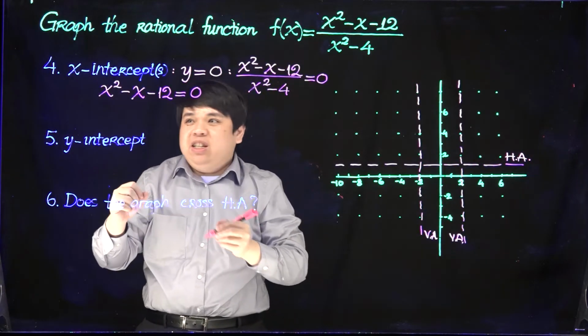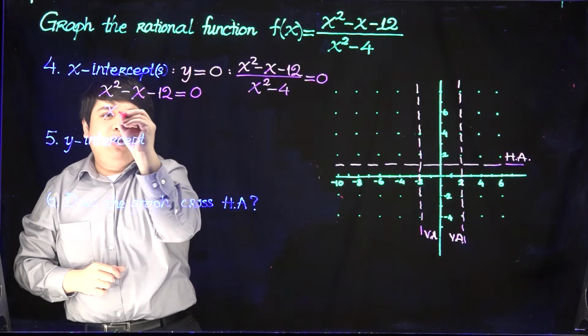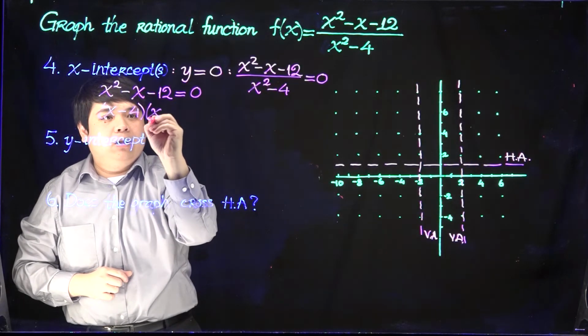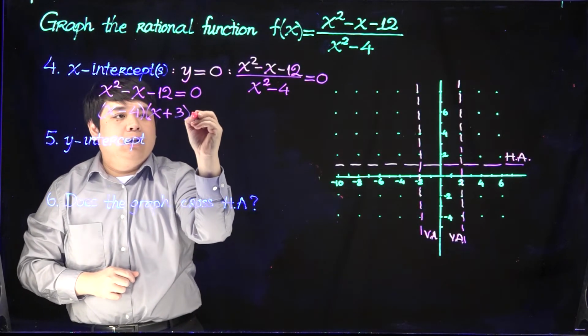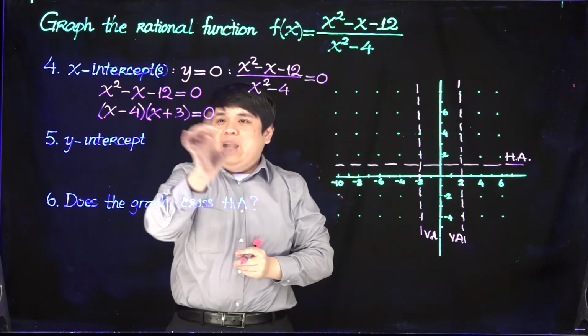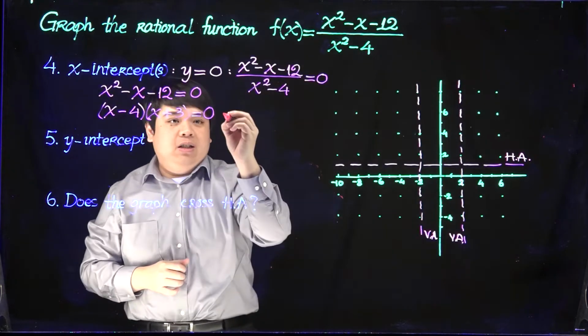We don't have much space here, so I just have to solve by factoring. So we have x equal to 4 and x equal to -3.